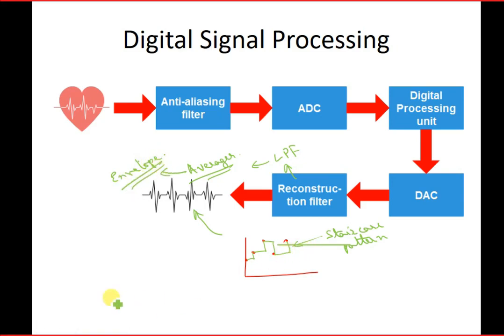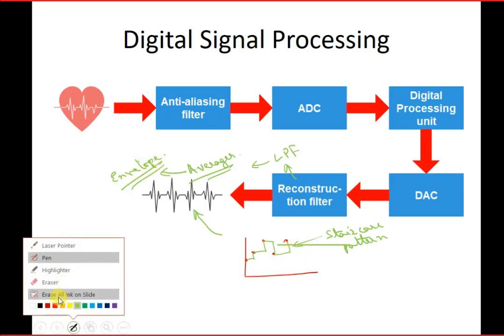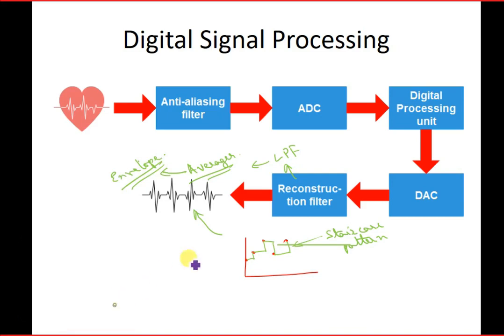Okay, so it creates an envelope. Now, how does the envelope look like? It would be looking something like this. Now, after the application of the reconstruction filter, where we have generated the envelope, we get the analog signal.